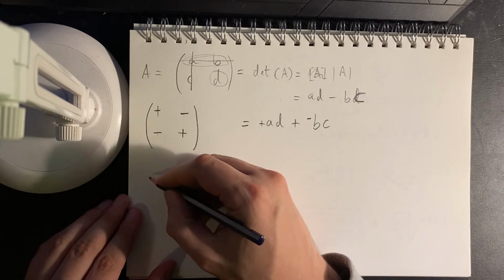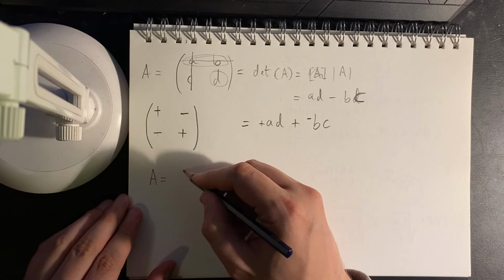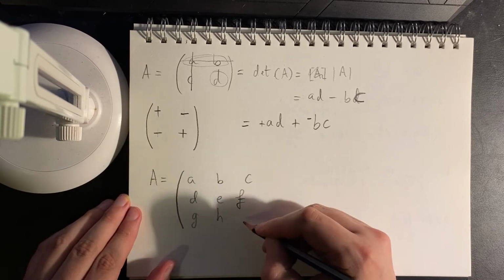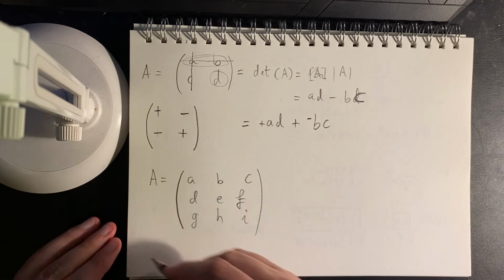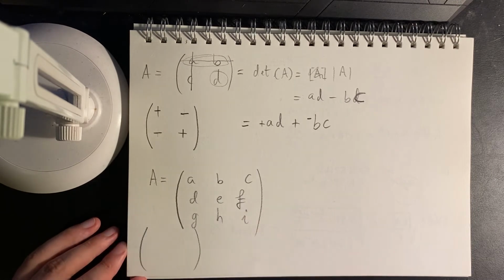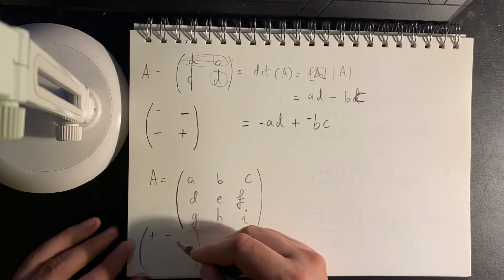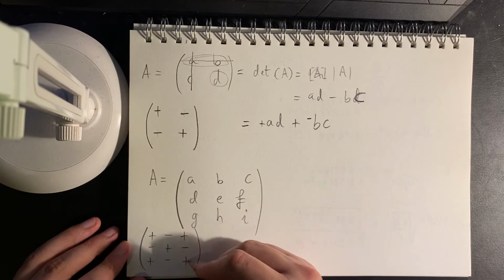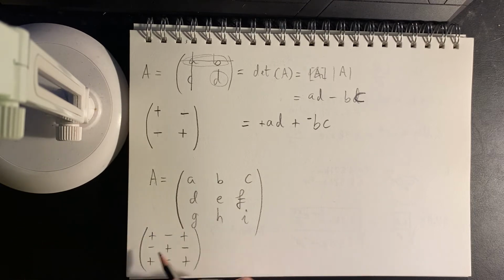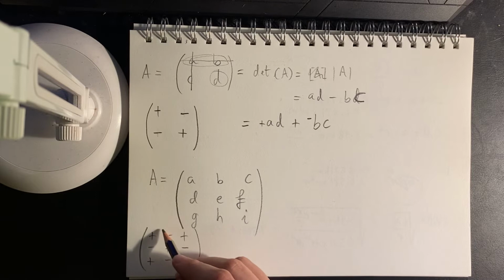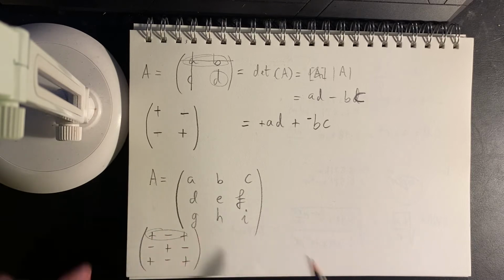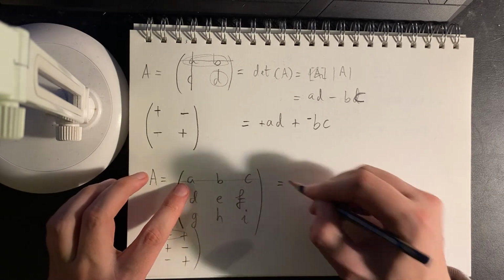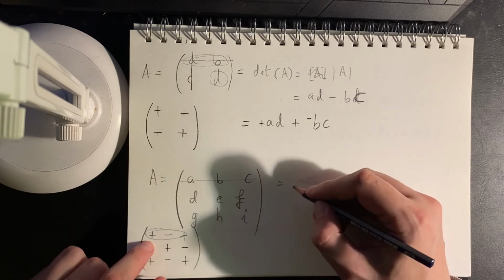Now let's have a look at a 3 by 3, A, B, C. So we have a similar mask of factors. Plus, minus, plus is just alternating. And it really doesn't matter so much what the other elements are because I typically always pick the first row. So we go across this first row. I have A that has a position of positive.